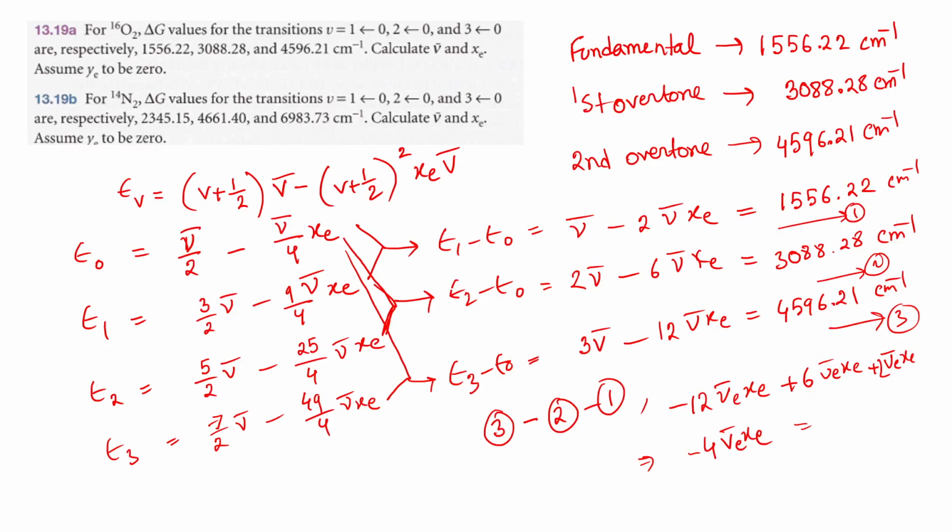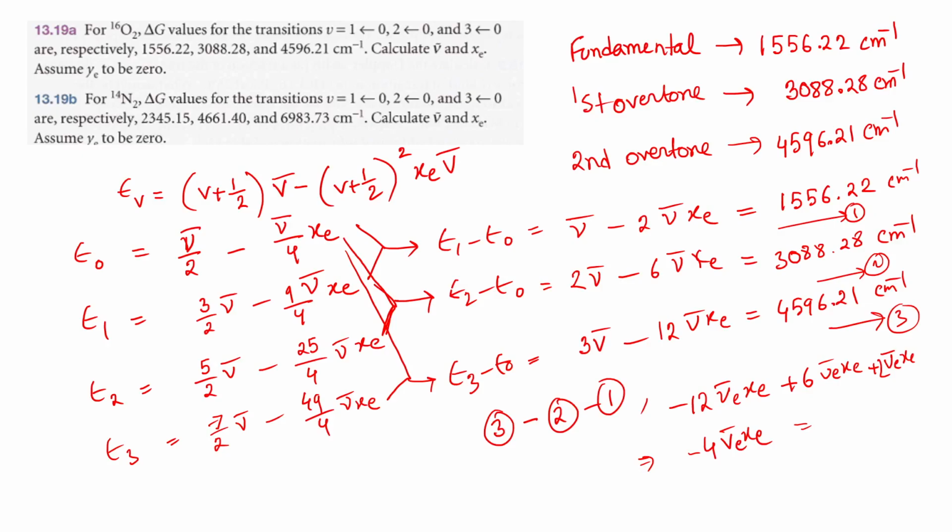Sir, by only solving the first two equations we can get these two values? Yes, no need for the third one. Because you can multiply the first equation by 2 and just take a difference, and that is why I am not going to do it further.